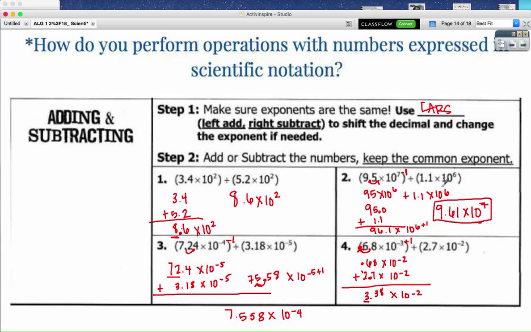You could just type them into the calculator exactly the way you see them, hit enter, and it will give you the answer. Now, if it's in regular default settings, it's going to give you the answer in standard form. So you need to know how to change your calculator to put it in scientific form. So you'll hit second, that's the little blue button, DRG, and then you would arrow over to SCI.